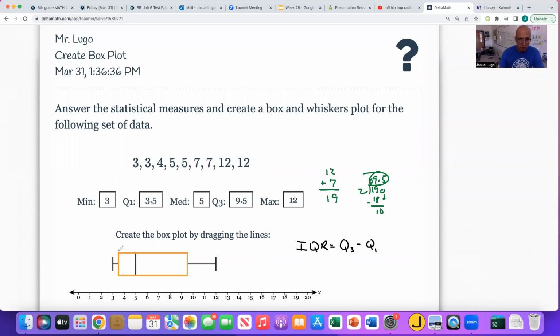You're trying to see the distance from Q1 to Q3. And right here, we see that it's going to be 9.5 minus 3.5, which is just 6. But they're not asking for that information.